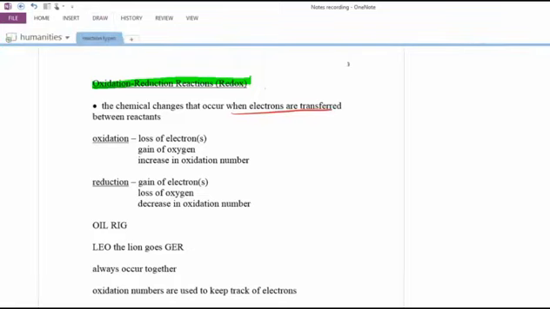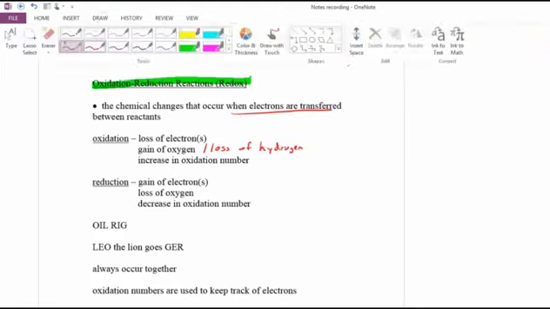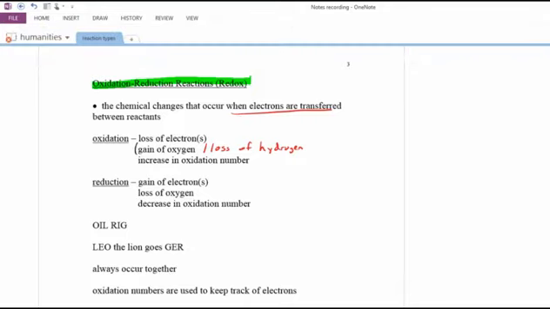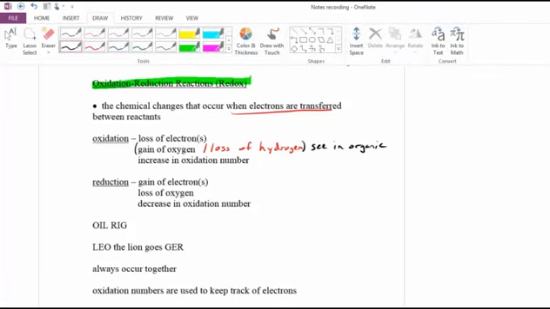So we have oxidation, which is a loss of electrons, gain of oxygen, could be a loss of hydrogen, though those two we see in organic. We're not going to talk about here. And the loss of electrons can easily be noticed because of an increase in oxidation number.